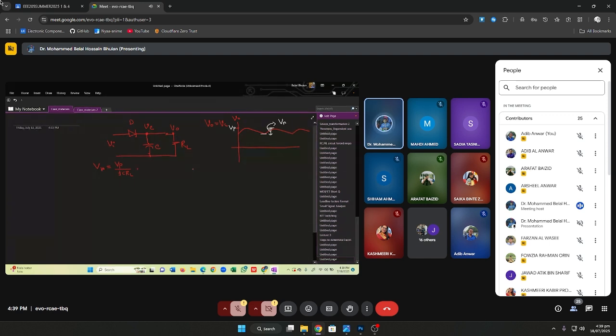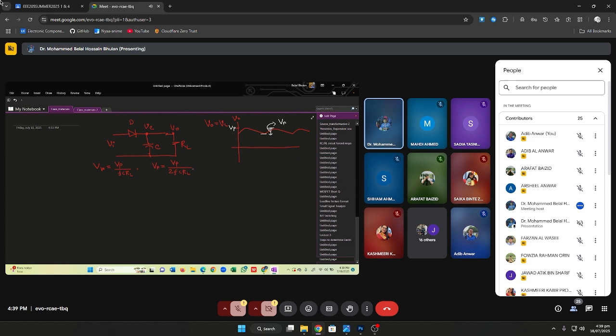In case of a full wave rectifier, the ripple voltage is VP divided by 2FCRL. So these are the two expressions for ripple voltage, one for half wave and another for full wave rectifier.